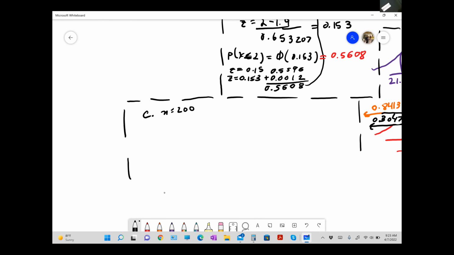So we have 200 days. We have 1.35. So we want the probability that the days, let's just agree X means days.